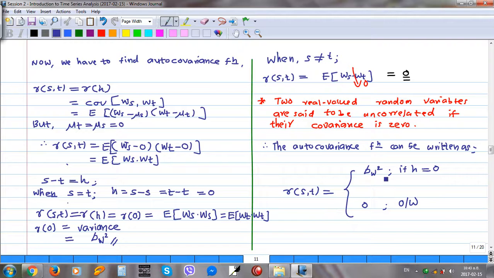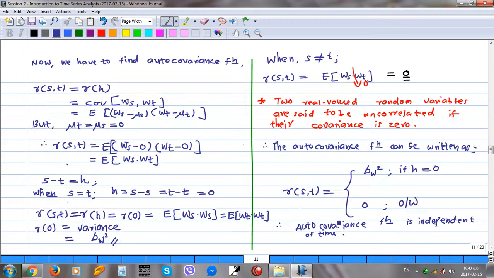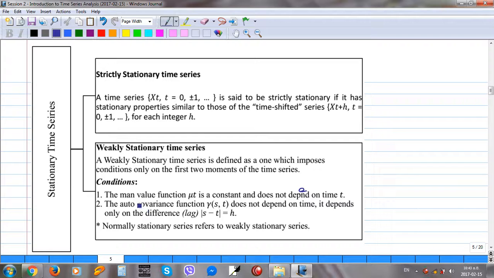Here there are no t terms. It means, therefore, the autocovariance function is independent of time. Now earlier we found that mu t is constant and independent of time t. It means the mean and also the autocovariance function are independent of time t. Then according to the conditions, two conditions are fulfilled.